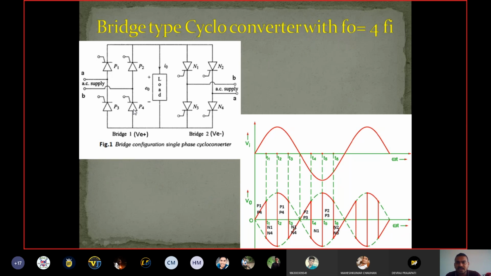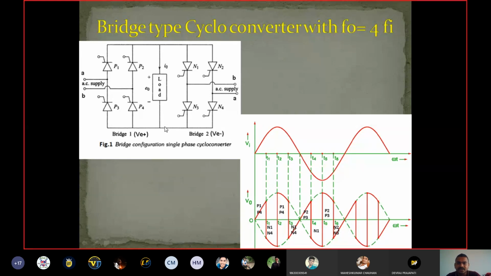The path of current flowing through the load is from A to P1, P1 to load, load to P4, and P4 to B. That means current is flowing from the C terminal to D. The upper terminal is C, and the lower terminal is D. So current is flowing from C to D through the load, and this is the positive direction of current.